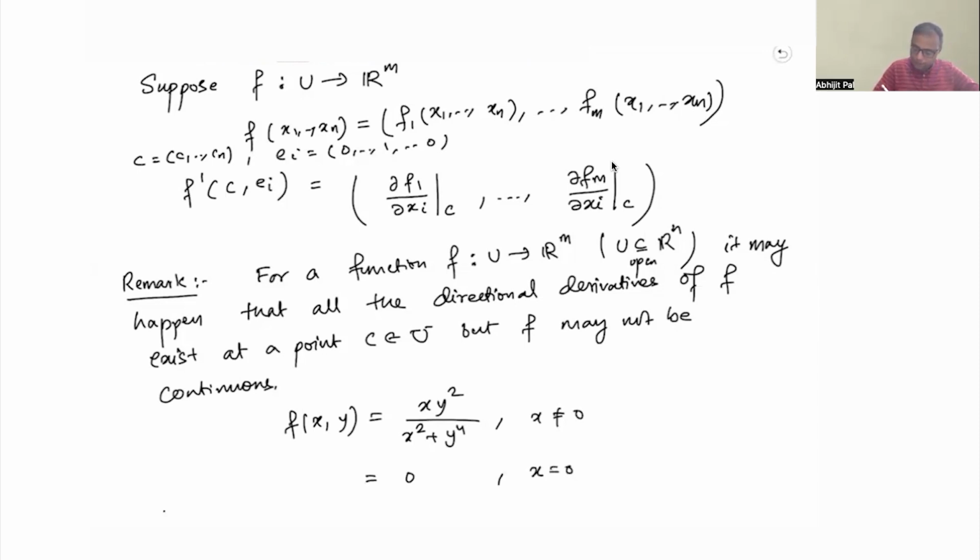You can check that all the directional derivatives of f exist, but f is not continuous.